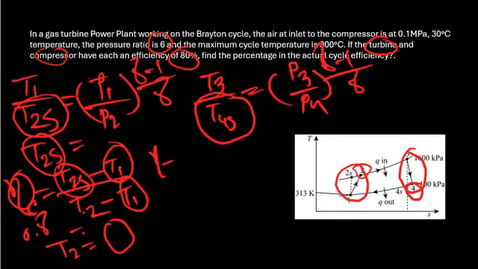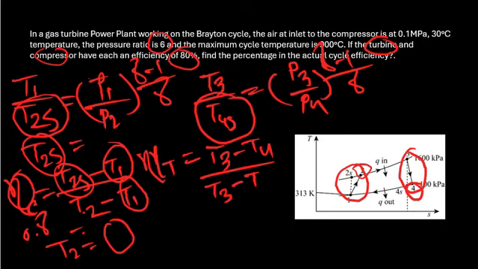And another is the turbine. For the turbine, the output is T3 minus T4, and the input is T3 minus T4S.